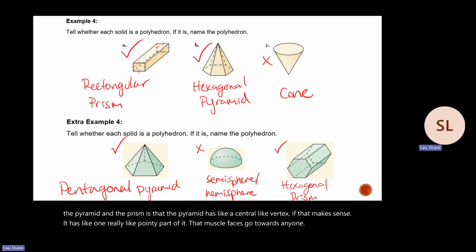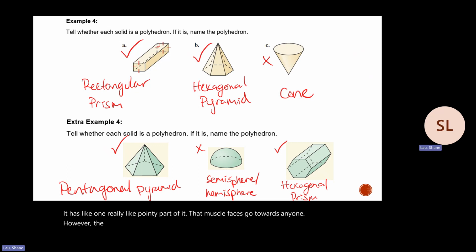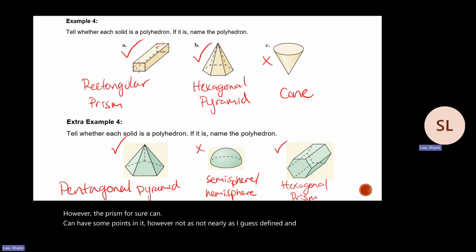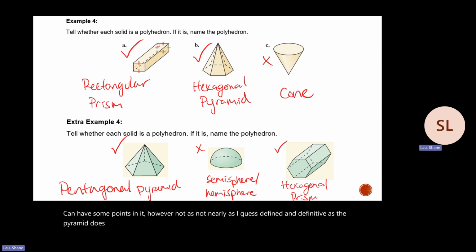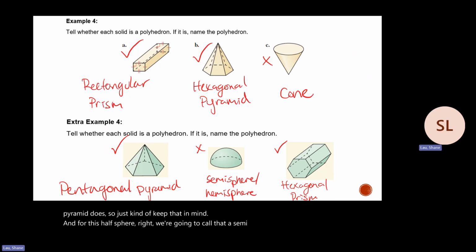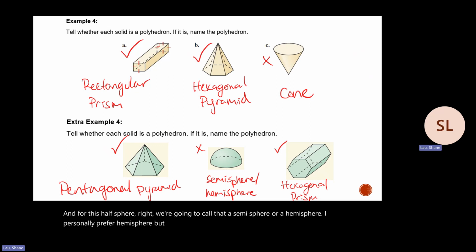However, the prism for sure can have some points in it, just not nearly as defined and definitive as the pyramid does. So just keep that in mind. And for this half sphere, right, we're going to call that a semisphere or a hemisphere. I personally prefer hemisphere, but that is entirely a preference afforded to you. Okay, so I wouldn't feel too bad about it.